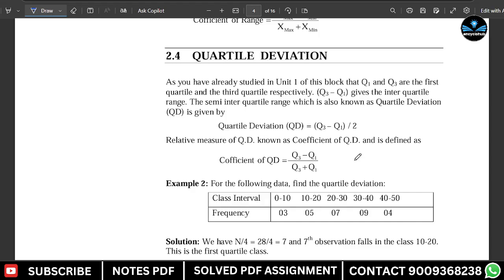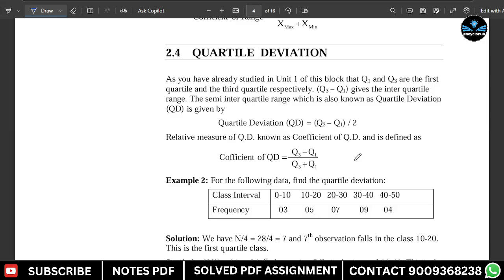Now, the topic is quartile deviation. The main thing is the quartile deviation formula, which is Q3 minus Q1 upon 2. The relative measure of quartile deviation is known as the coefficient of quartile deviation.